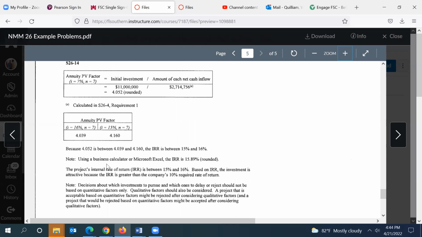Using a business or financial calculator or Microsoft Excel, we'd find that the internal rate of return is 15.89%. So not really a big or material difference from 16%. We know it's way above management's minimum desired rate of return, reflected in that discount rate of 10% that we saw.